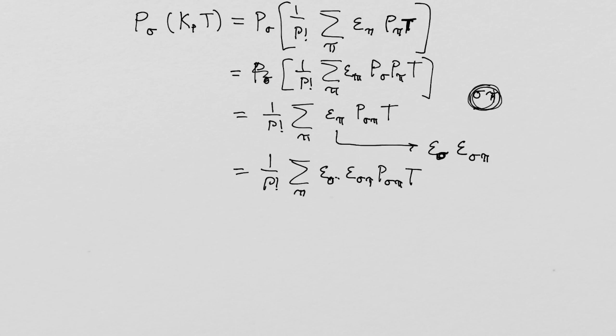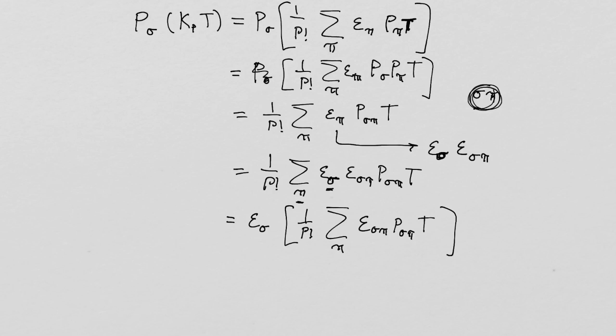And then that lets me write it this way. I just pull that epsilon sigma out, because remember, epsilon sigma is not summed over, right? This is a sum over pi, so this is just a constant number. 1 over p factorial, sum over all pi, epsilon sigma pi, p sigma pi t, like that.